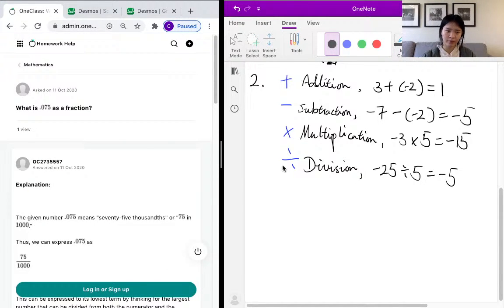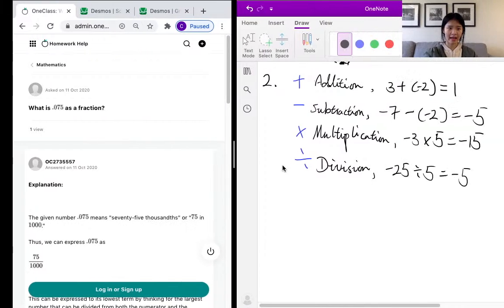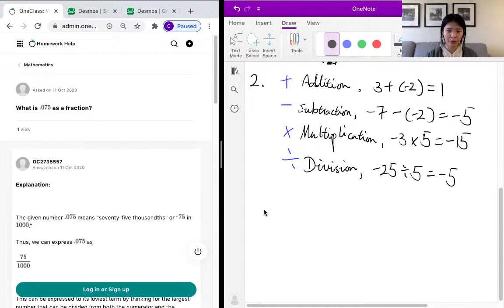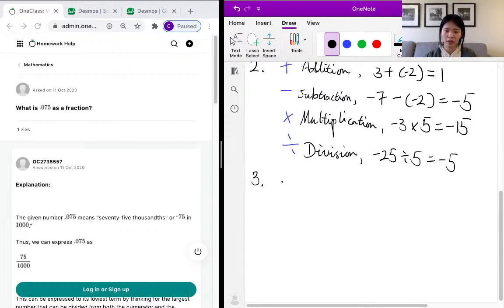Okay, our third problem here asks us what is 0.075 as a fraction. So it's basically asking us to convert a decimal, 0.075, into fraction form. In order to do that, we go to the rightmost place of this decimal.